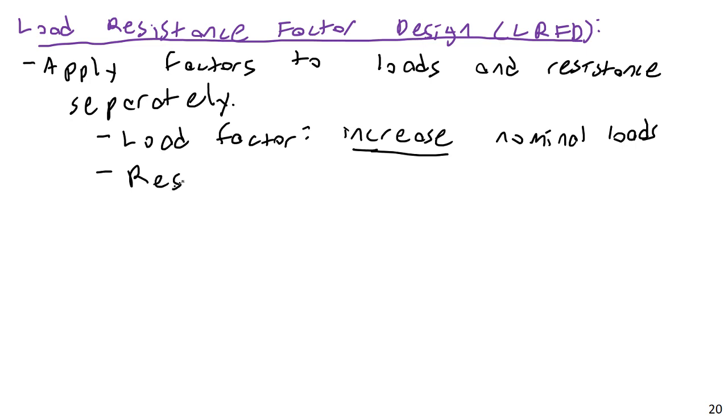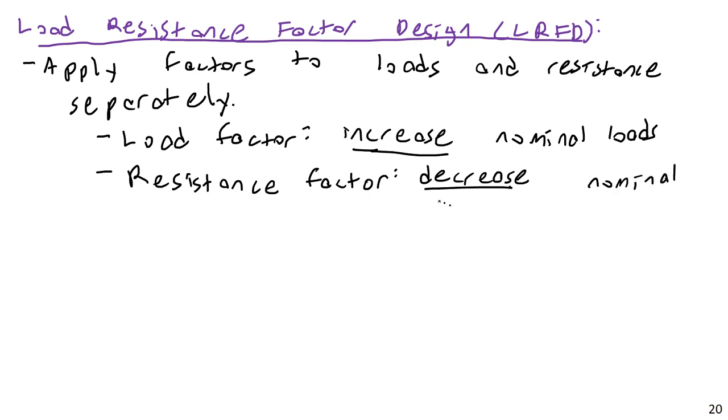Again, nominal resistance, just like nominal load, nominal means the best estimate without any kind of risk adjustment. A resistance factor will decrease the nominal resistance. And so what you'll have is something like this.